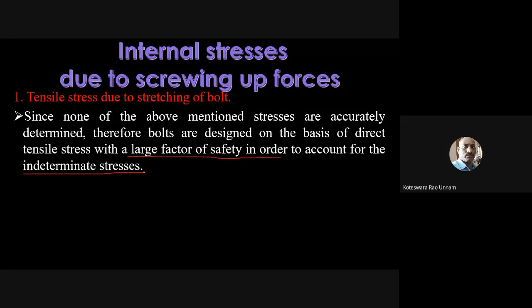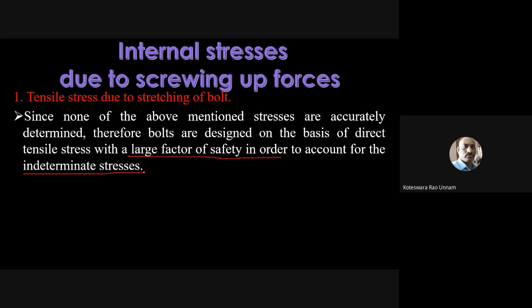So in most cases, if you look at any bolted joint, the design is based only on tensile stress, even though it is subjected to different types of stresses. That means all other stresses are ignored in the design just by considering the large factor of safety. So from now onwards, whenever you have a design problem on a bolted joint, we need to look only at the tensile stress.